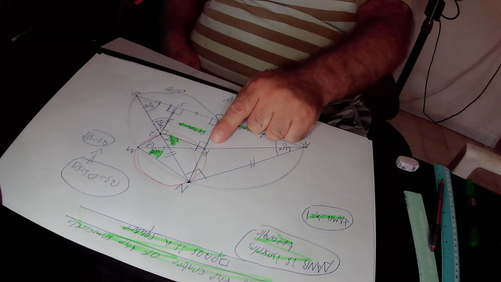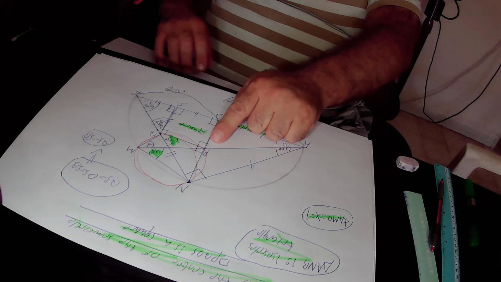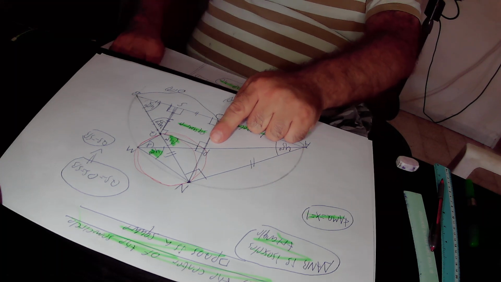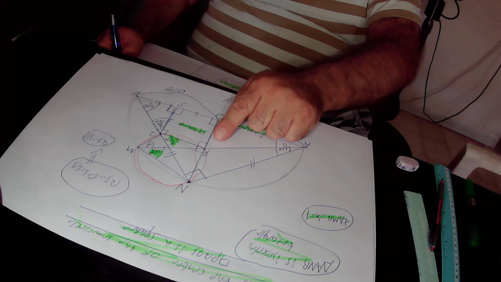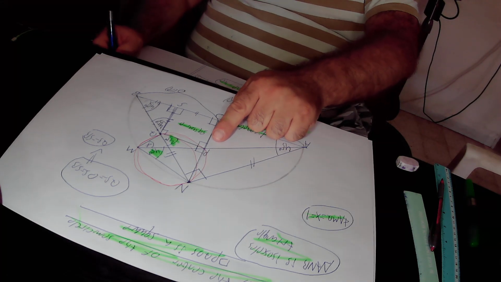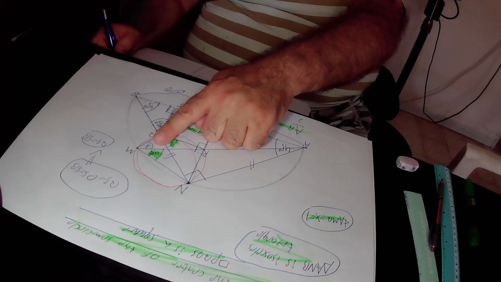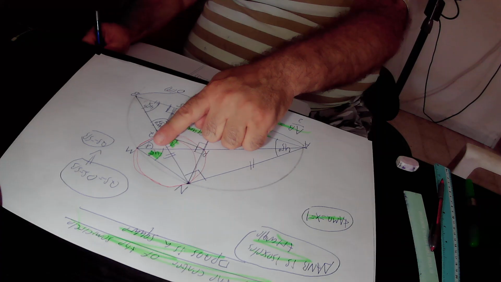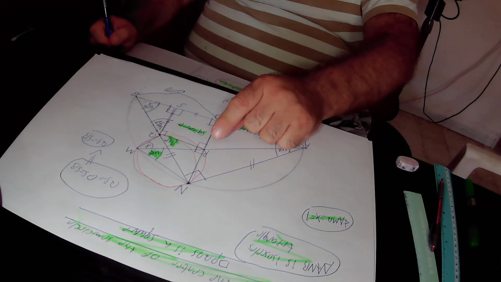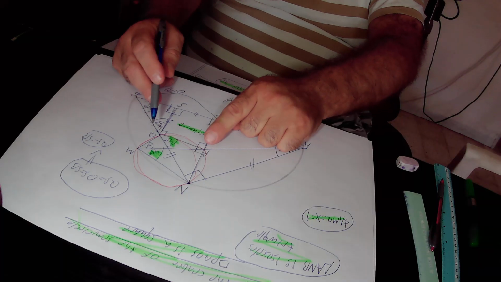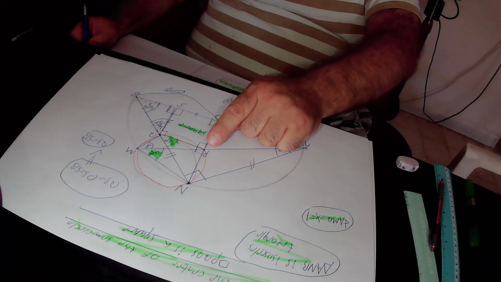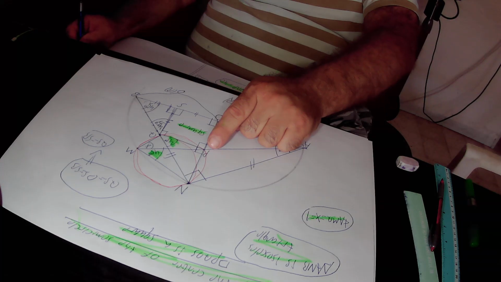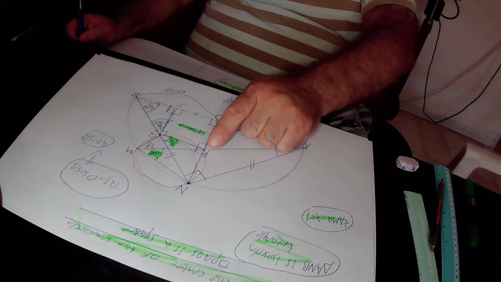This is angle NPQ, the right angle, plus angle NMQ, the opposite angle. The sum of those two opposite angles must be equal to 180 degrees, according to the rule that I presented to you.